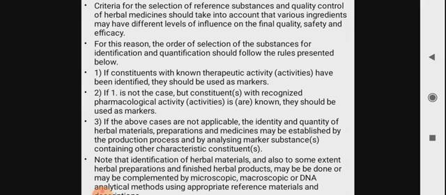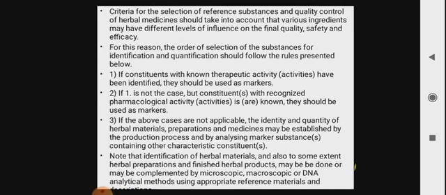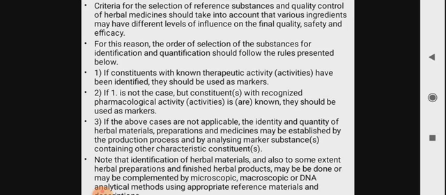So see here, criteria for the selection of reference substances and quality control of herbal medicine should take into account that various ingredients may have different levels of influence on the final quality, safety and efficacy. For this reason, the order of selection of the substances for identification and quantification should follow the rules presented below.